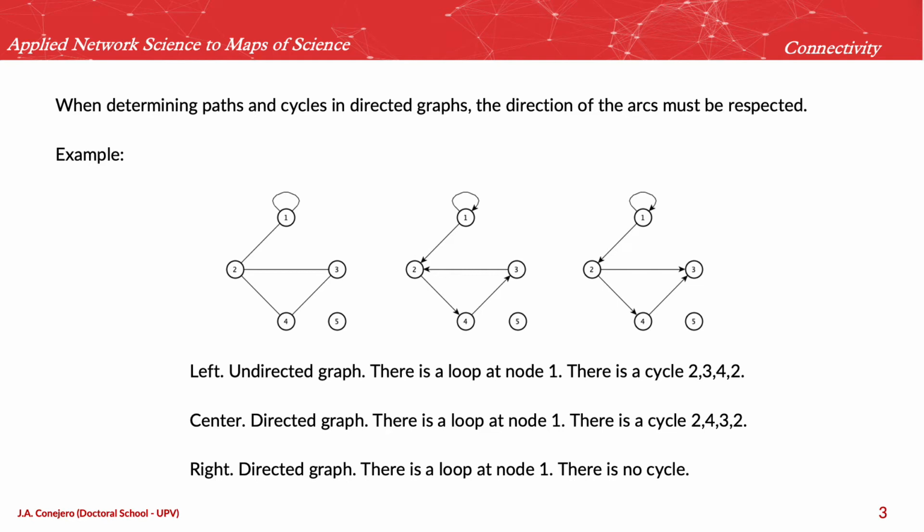In the center, we have a directed graph, and there is also a loop at node 1, and again the same cycle as before between 2, 4, 3, 2. However, on the right, we have changed the direction from arc 3, 2 to 2, 3, and there's still a loop at node 1, but here there is no cycle.